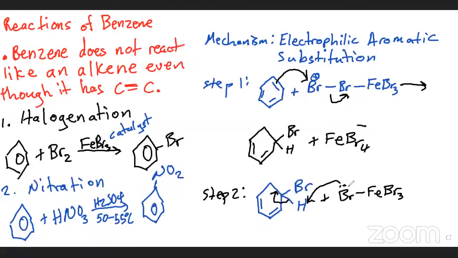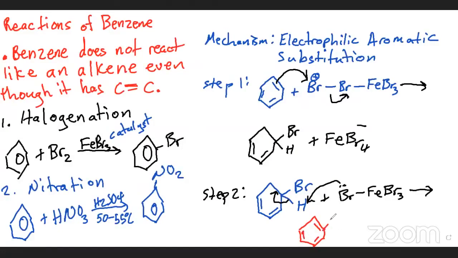The bromine is removing this hydrogen. If you do that, what you will end up with is that the ring is reformed, or completed back, with the set of pi electrons.